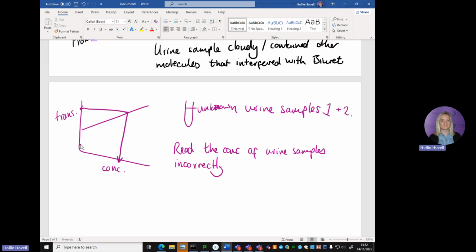Now, what you might have found is that it was marked with little markings on there, but sometimes you had to predict numbers that were in between, and you weren't able to do that accurately because it didn't have all the little markings in between those. So that would be a source of error because you couldn't read off the graph accurately.